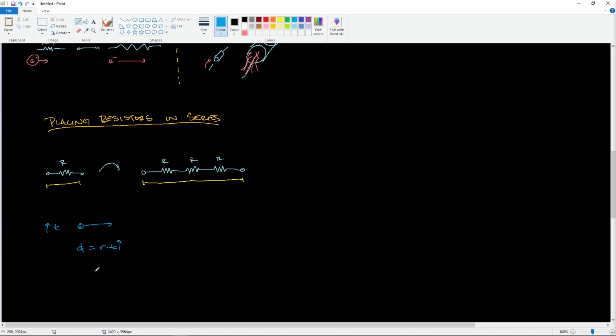We've increased time, and so therefore we're going to increase the distance or the length that this electron is flowing through our resistor. So what we do when we set resistors in series, we end up increasing the effective length. So we've increased the effective length of the resistor.